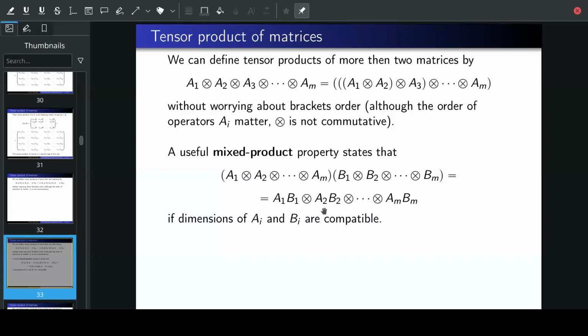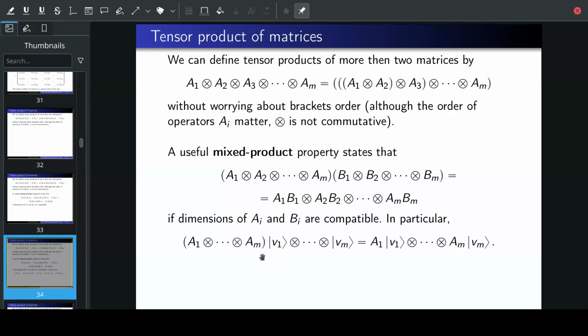And this holds, of course, only if the sizes of matrices A and B are compatible. So in general, they are rectangular matrices, and we need to be able to multiply this matrix by this matrix. So the number of columns and the rows must be compatible.